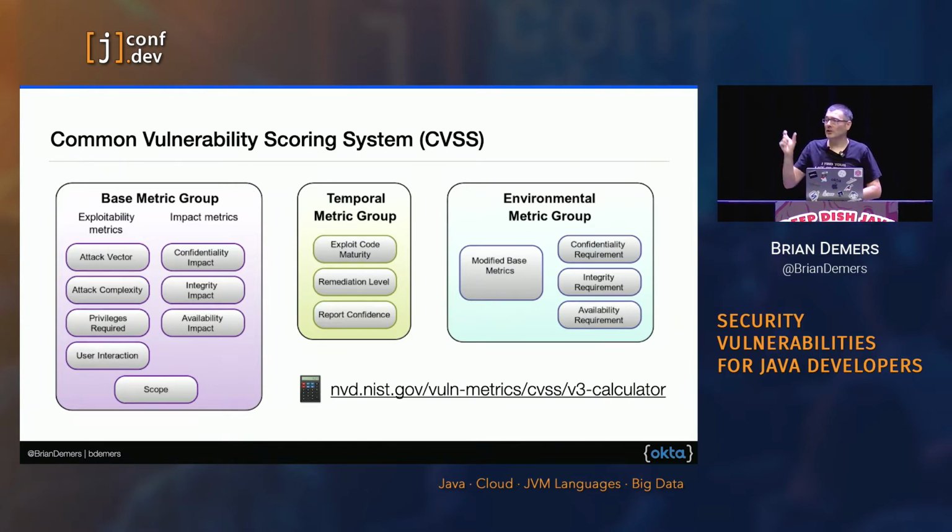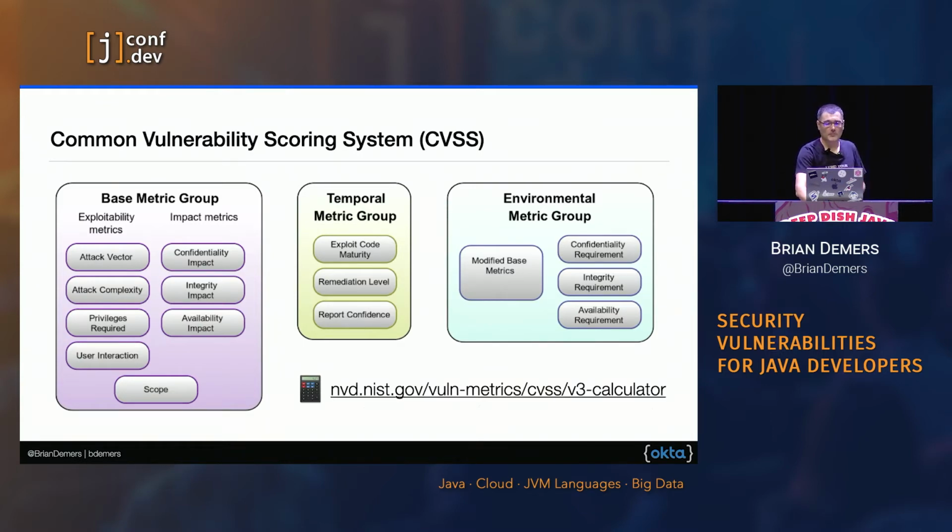We like to stick the word common in front of everything possible when it comes to CVEs. This whole thing is a bit complex. Don't worry about it too much. I just want to give you an overview so you know that when you see a 10 or a high number, you probably should be worried about it. And if you ever have to go calculate one of these scores, there's a calculator for you at that website, so it's not something you need to remember.